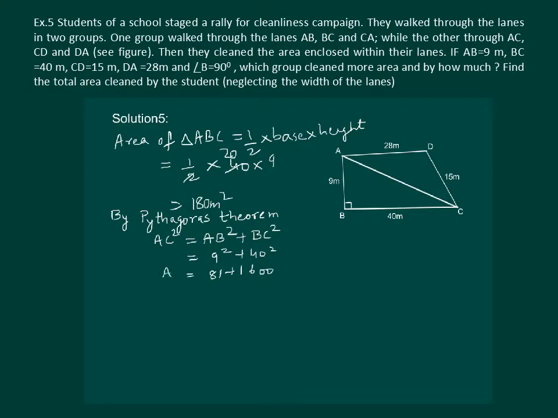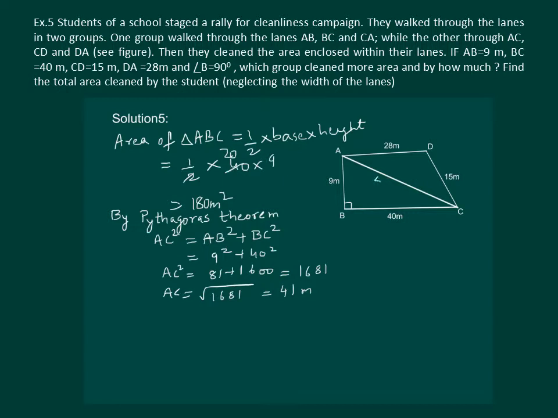So AC square is equal to 1681, or AC is equal to under root of 1681, that is equal to 41 meters.